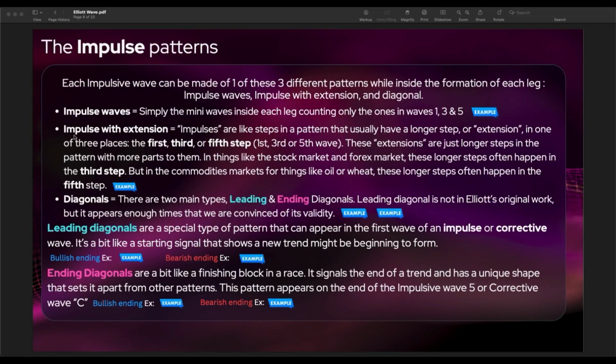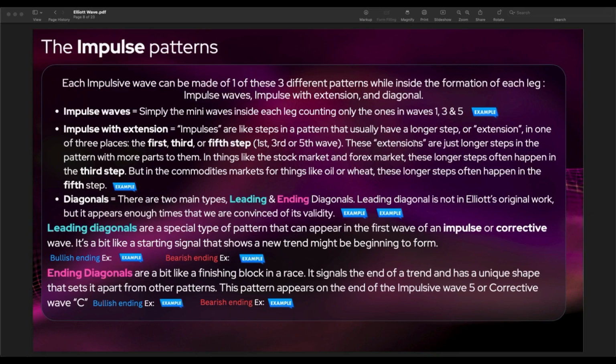Now next is impulse with extension. Impulses are like steps in a pattern that usually have a longer step, or extension, in one of 3 places: the first, third, or fifth step. First, third, or fifth wave.